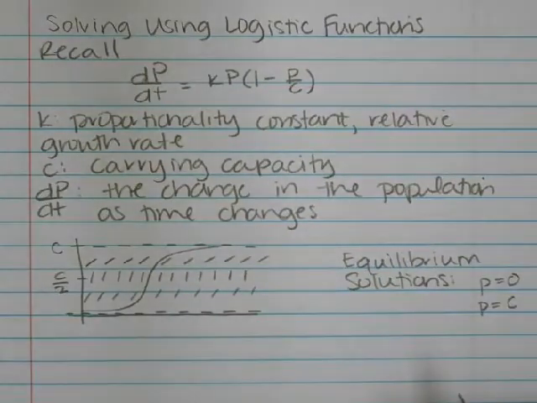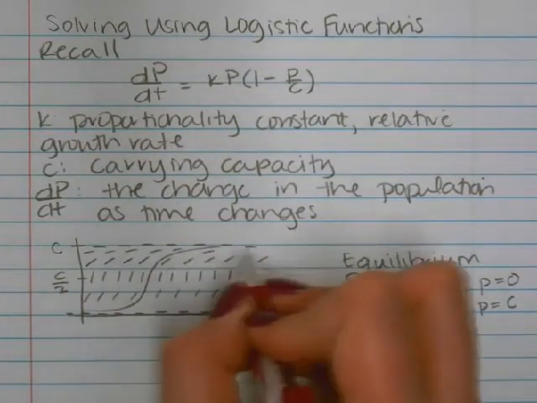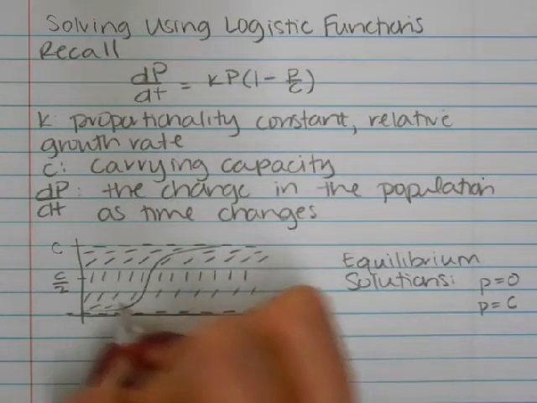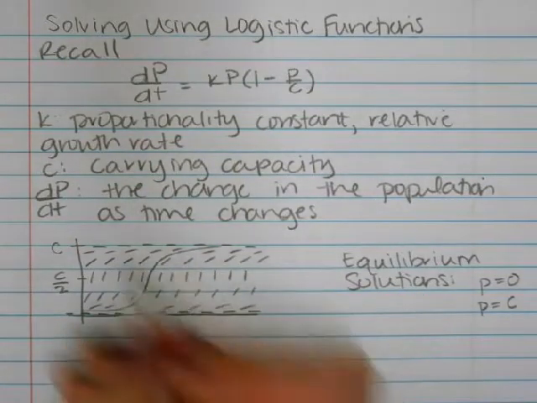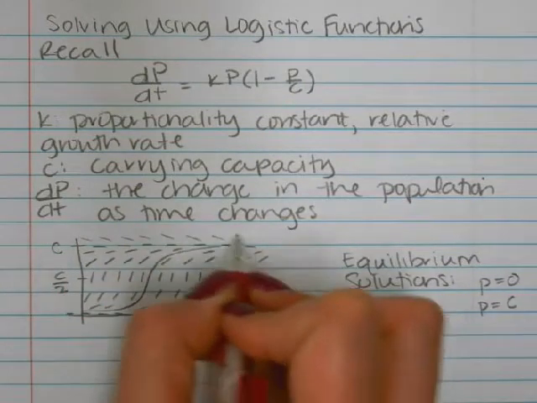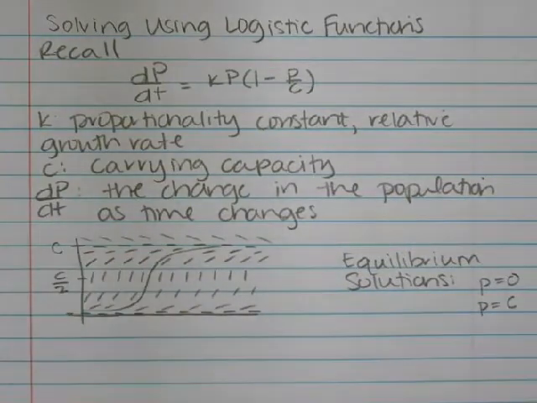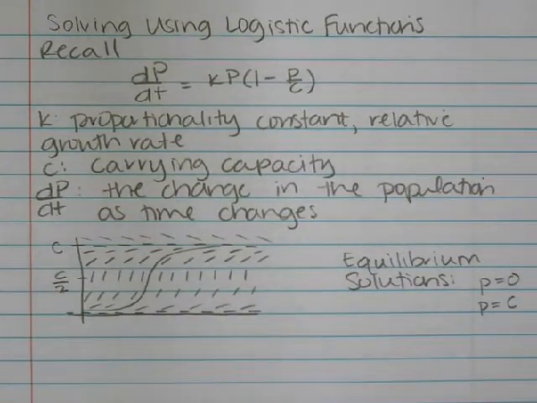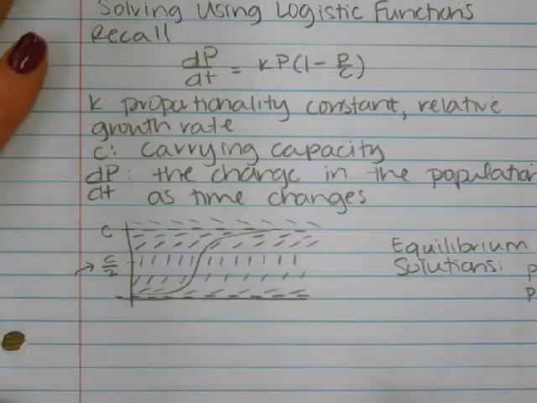And then the least steep is as you're getting close to those asymptotes. And if your initial value is above that horizontal asymptote, then it's going to come down towards that carrying capacity. I'm going to go ahead and write in "growing the fastest" so I don't forget.